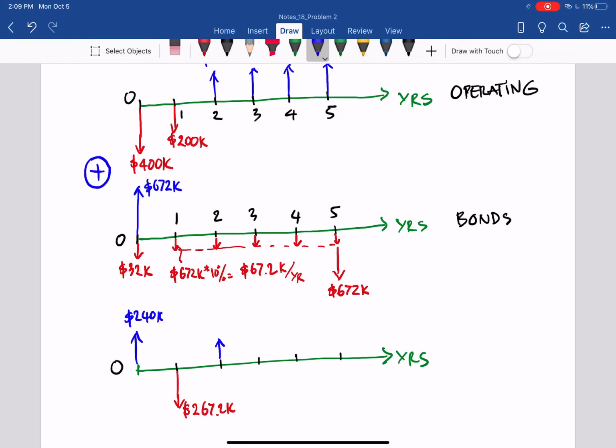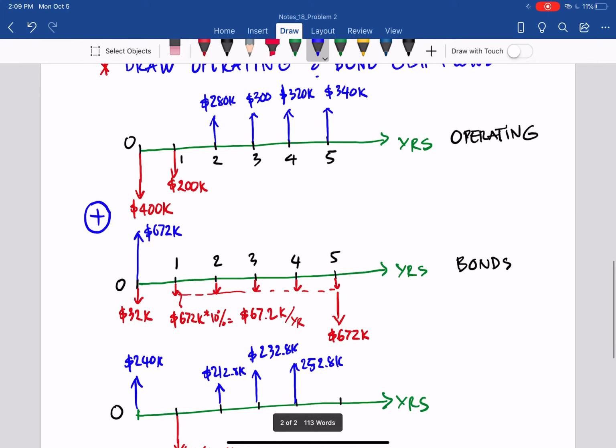So let's just keep doing that. Year 2 is 212.8k, year 3 is 232.8k, year 4 is 252.8k.